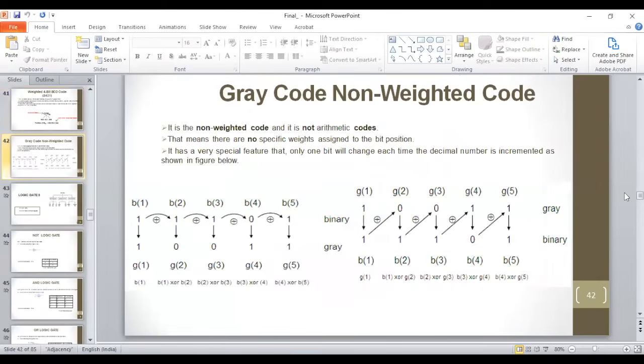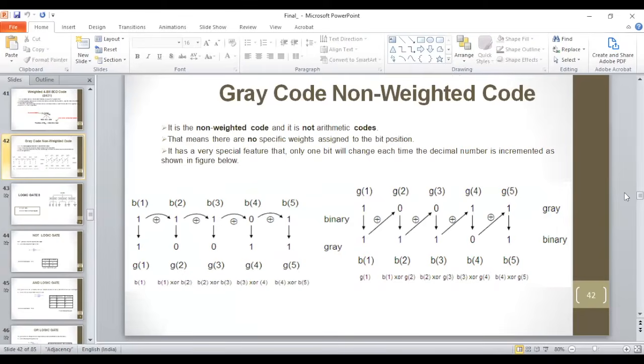Right? Now let's talk about a very important code that is normally used for security purposes. Here I want to emphasize that with excess-3 code, binary to excess-3 is possible, but excess-3 to binary is not possible. For gray code, binary to gray and gray to binary are both possible.